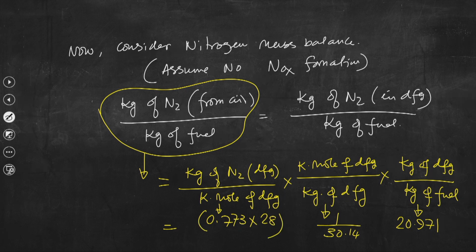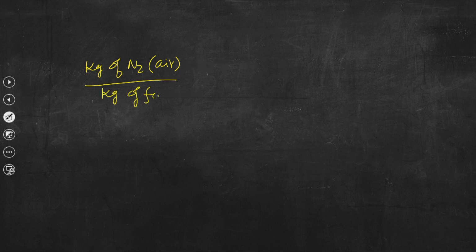So, if we plug in, the first term is 0.773 into 28, the second term is 1 upon 30.14, and the last term is 20.971 that we have already calculated. Then essentially we get kg of nitrogen coming from air by kg of fuel equal to 15.059.